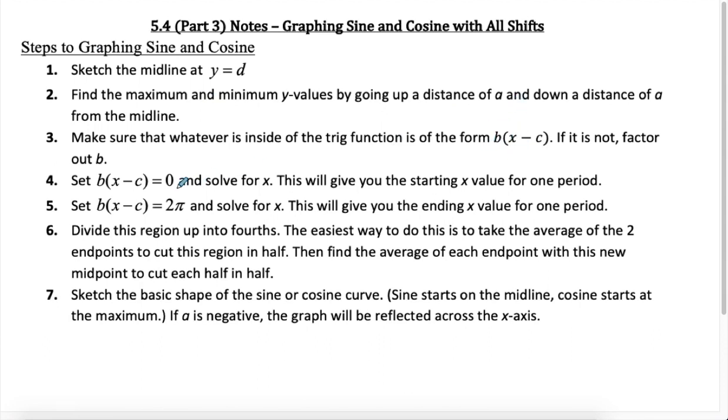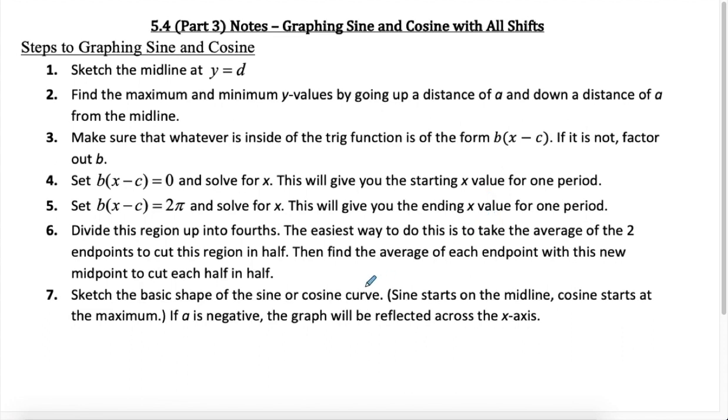Then these next three steps are what we talked about in 5.4 part 2, if we have a B or a C shift. Set that entire inside part equal to 0 to give me my starting x value for a period, and then set that entire part on the inside equal to 2 pi to give me my ending x value for one period.